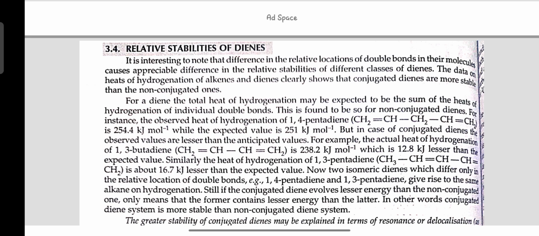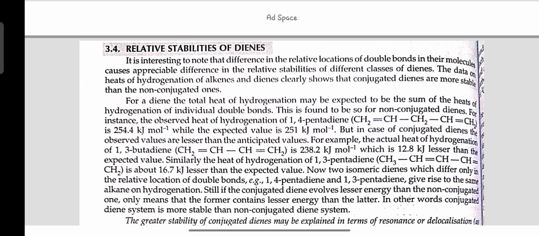Similarly, the heat of hydrogenation of 1,3-pentadiene is about 16.7 kilojoule lesser than the accepted value. Now, two isomeric dienes which differ only in the relative location of double bonds, for example 1,4-pentadiene and 1,3-pentadiene, give rise to the same alkane on hydrogenation.